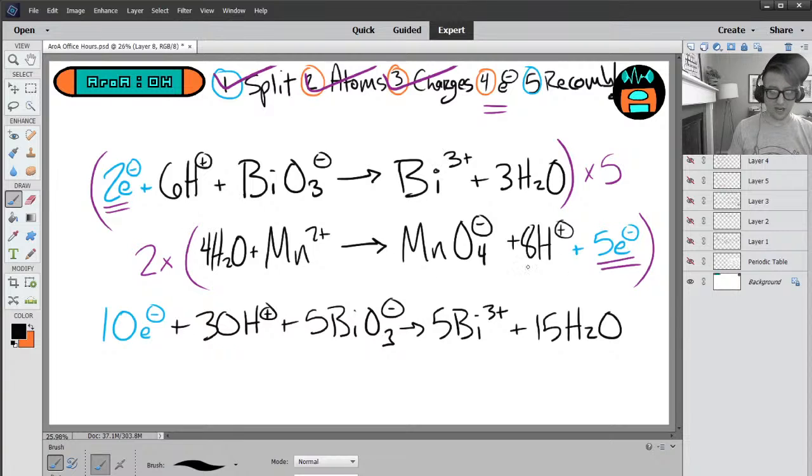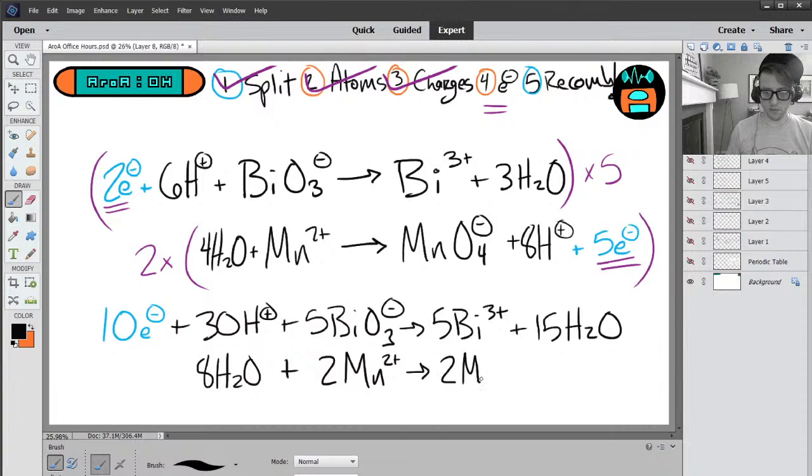We're going to do the same thing down below. 2 times 4 is 8 water molecules. 2 times 1 manganese will be 2. And this will produce 2 molecules of permanganate. 2 times 8 is 16. 2 times 5 is 10.